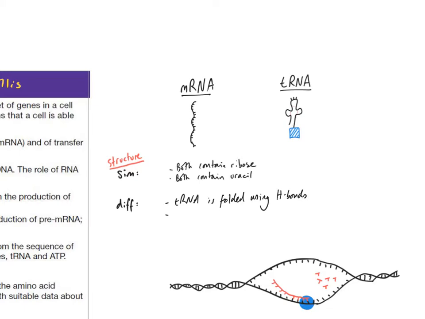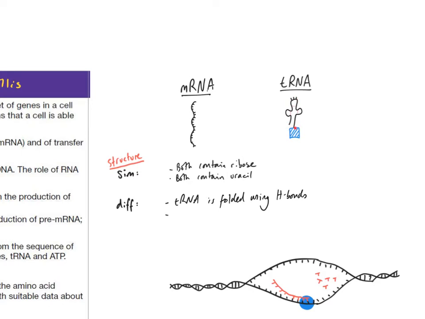And the other key difference, again, a lot of people get tempted to talk about the anticodon, but it's not structure. It's just three exposed bases. You can see here I've shown all the bases as exposed. This would also have bases all over it, sticking out and sticking in, but these are the only important ones. That's the anticodon, but it's not structure. I'd always go for the fact that it can carry this blue box.